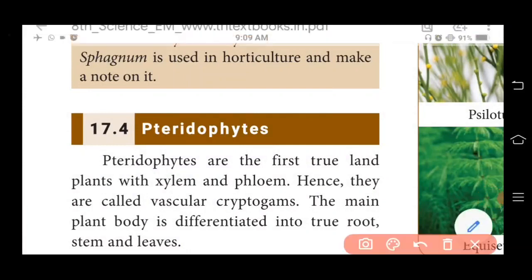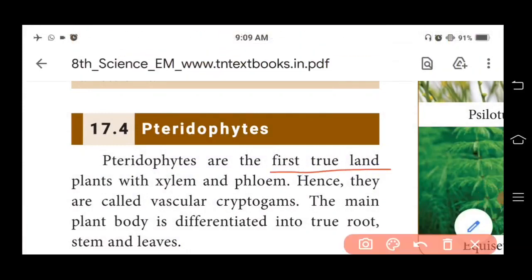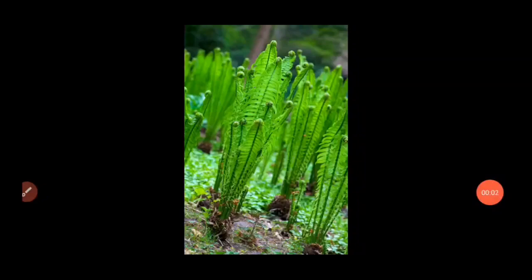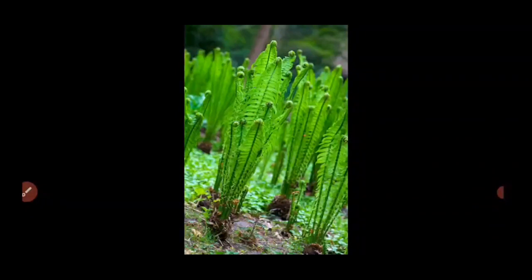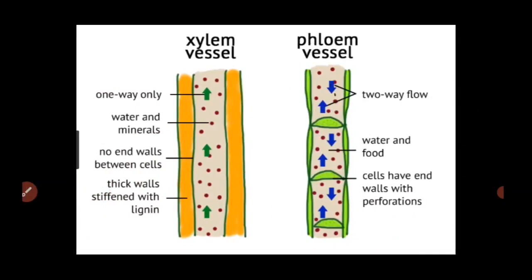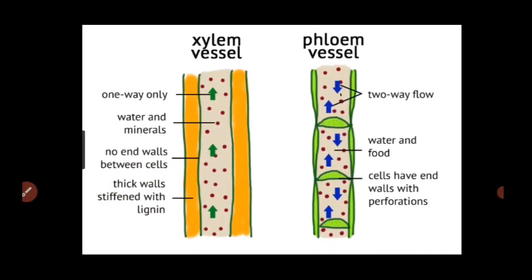Students, pteridophytes are the first true land plants with xylem and phloem. This is an example of pteridophytes. Pteridophytes are the first true land plants which have xylem and phloem vessels.